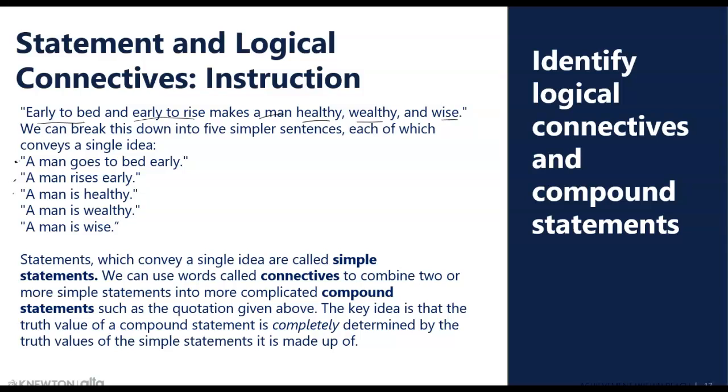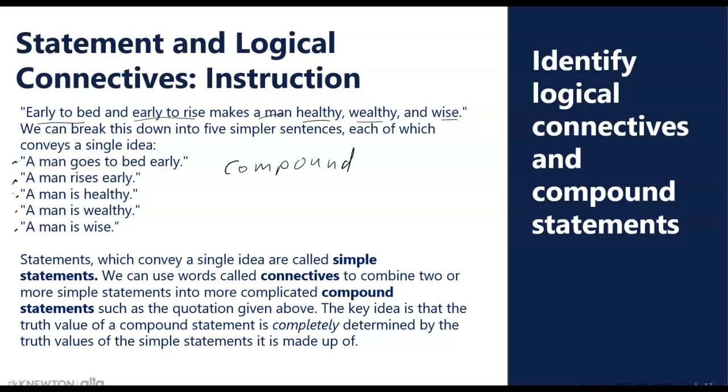So just because you have a single sentence in English does not mean you have a single statement. You have what we call a compound statement here. This one actually has 5 ideas in it. Each one of these that we've broken out is a simple statement.